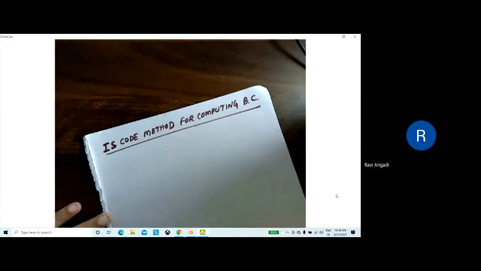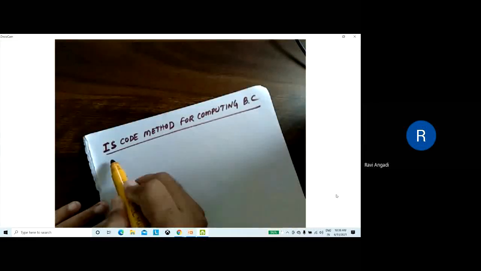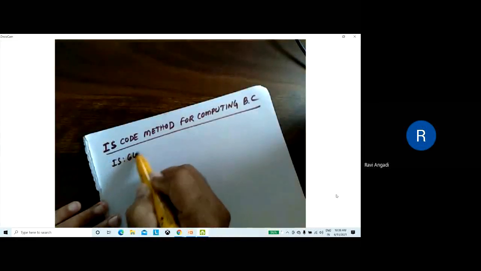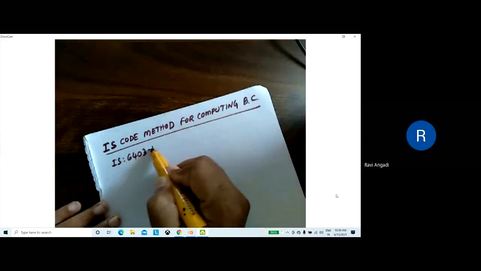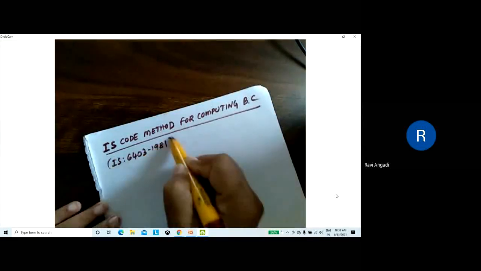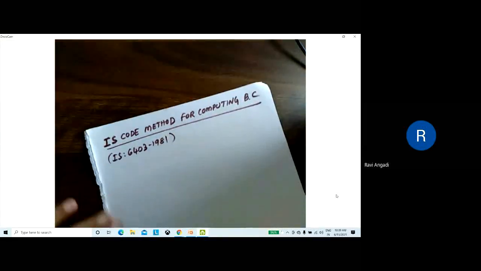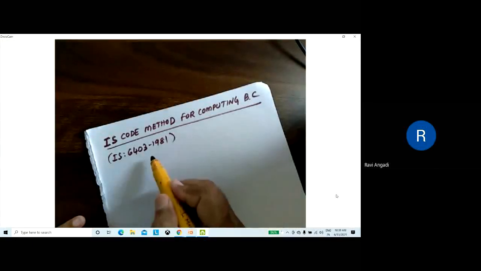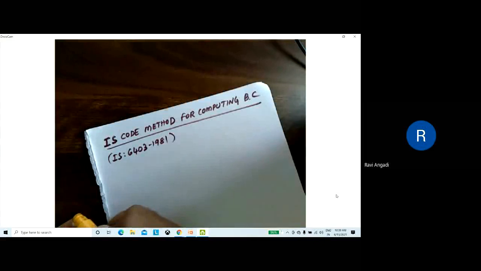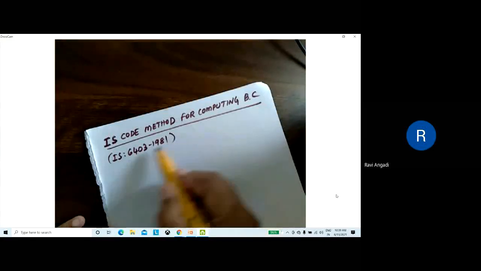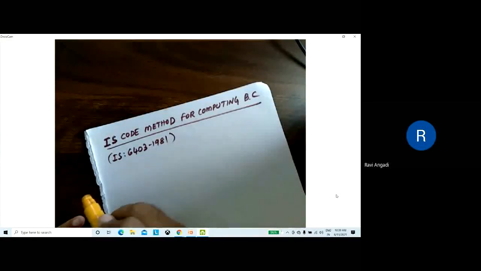Again, the Indian Standard Code, that is IS 6403, 1981, gives how to calculate the net bearing capacity, and it is almost similar to the ones proposed by various scientists like Vesic, Hansen or Meyerhof.